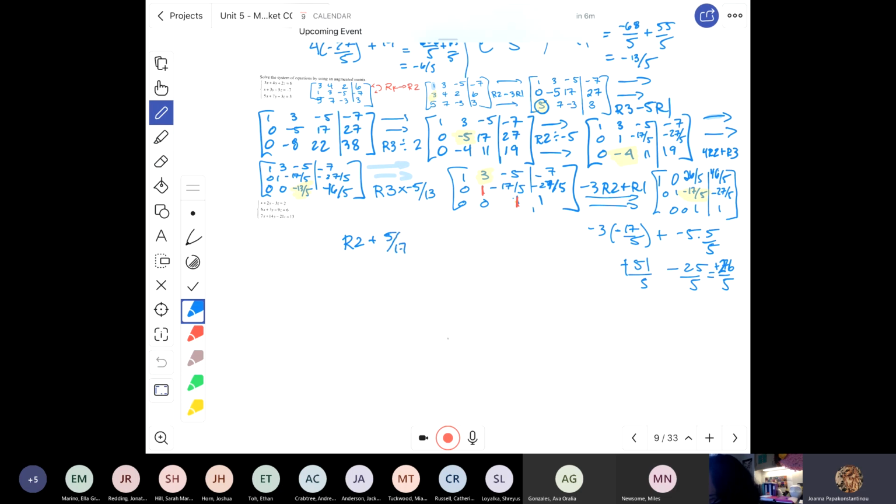Five 17ths. Wait, no. What are you saying? Row 2 plus 17 fifths row 3. Okay. No, because -17 fifths plus 17 fifths is 0.